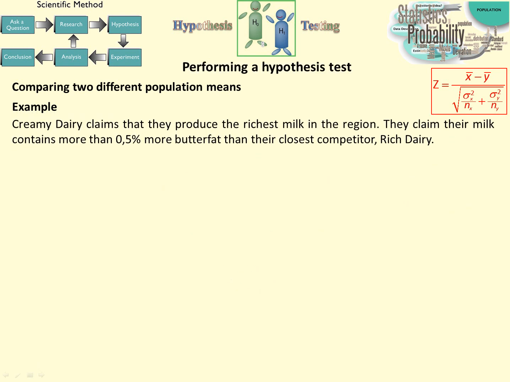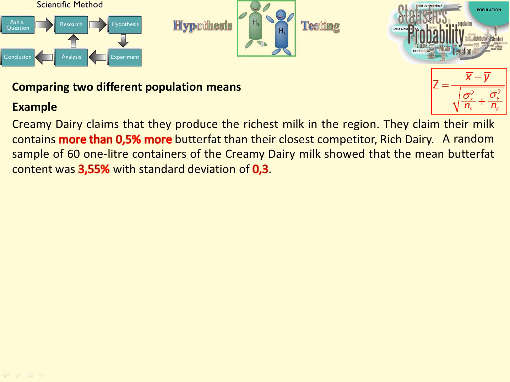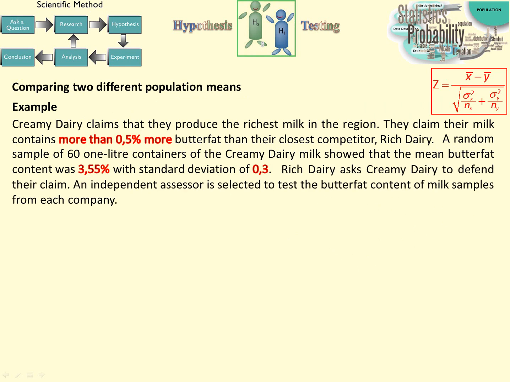Creamy Dairy claims they produce the richest milk in the region. They claim their milk contains more than 5% more butterfat than their closest competitor, Rich Dairy. A random sample of 61-litre containers of the Creamy Dairy milk showed the mean butterfat content was 3.55% with a standard deviation of 0.3.